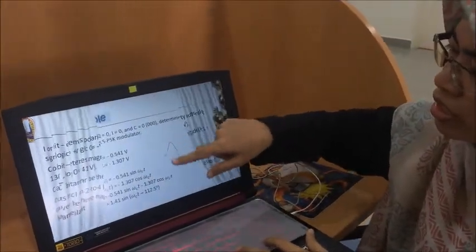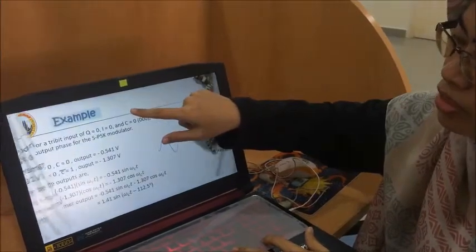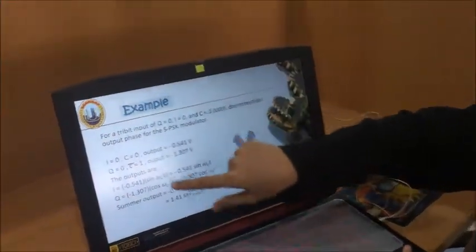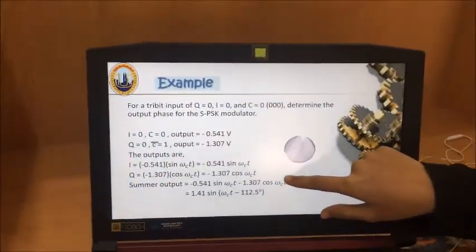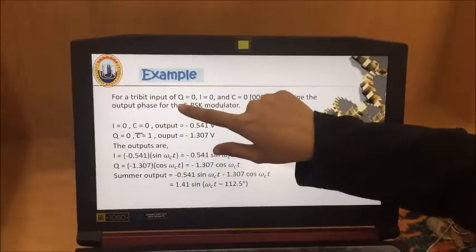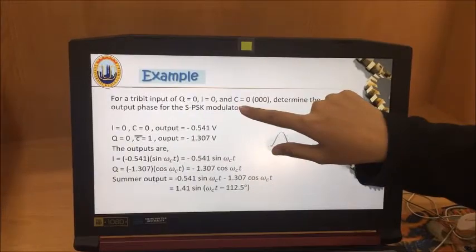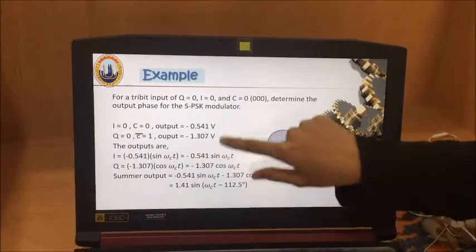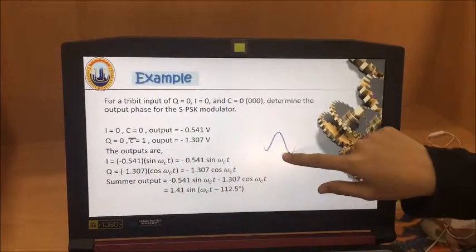In this example, we can show from the truth table the Q, I and C. We must find the solution to get the constellation.